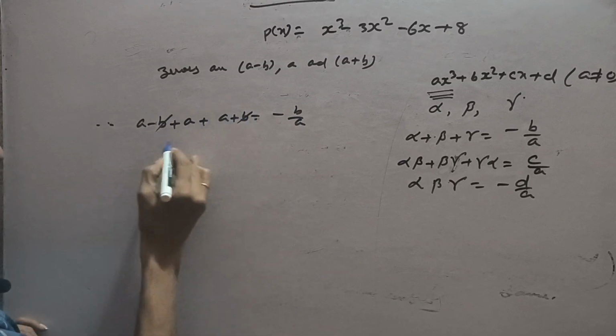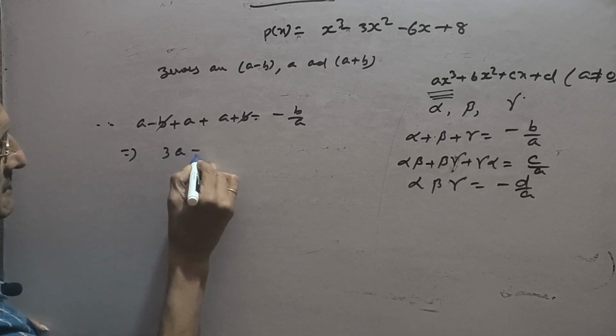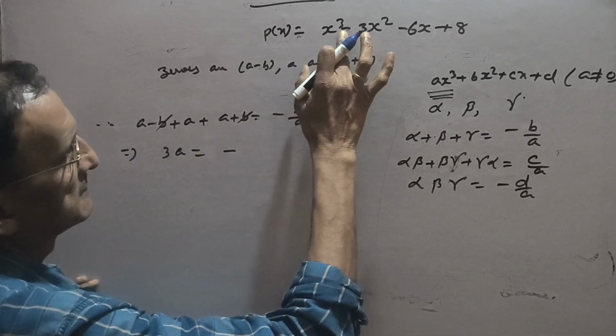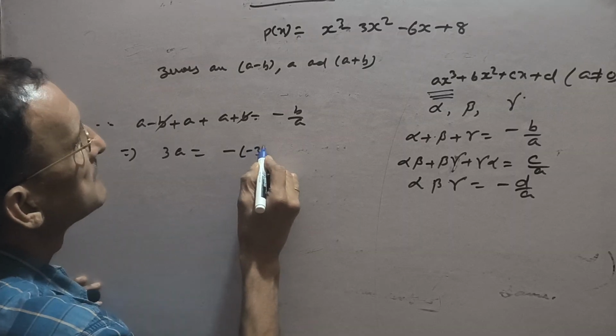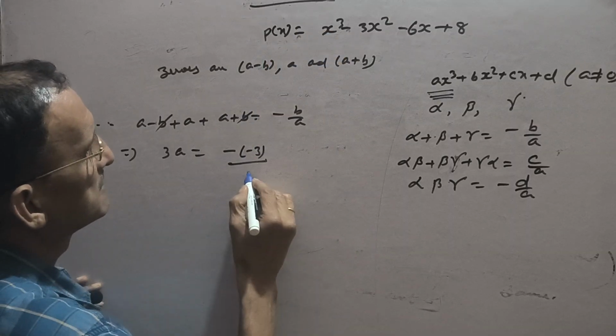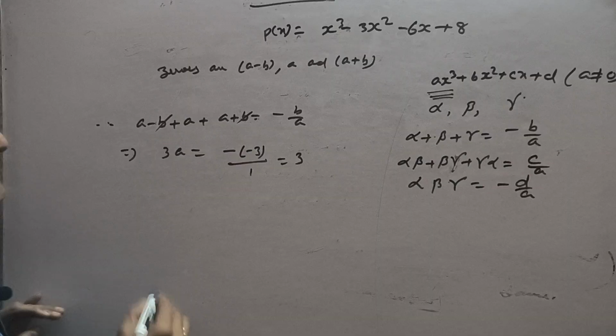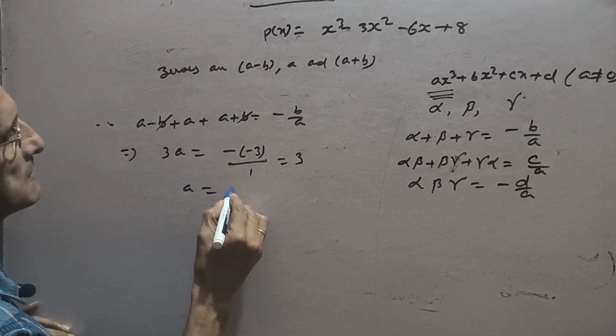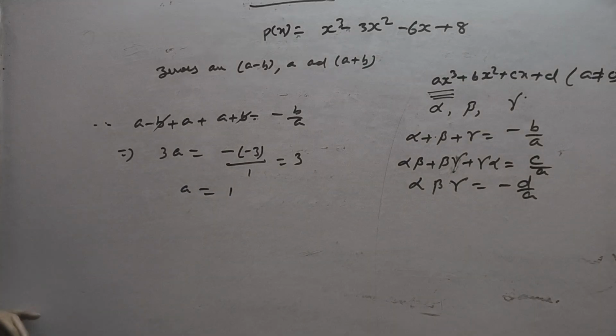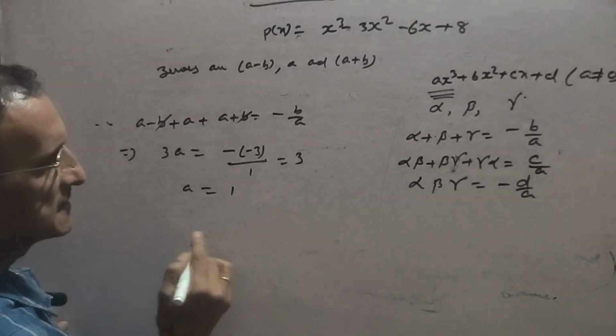See, when we cancel here, what will we get? 3a equal to minus, what is b here? Minus 3. Minus 3 by a is what? 1. So how much have you got? 3. So what is a equal to? 1.